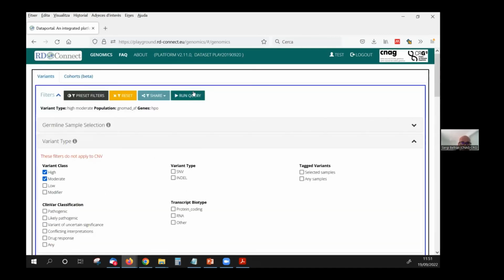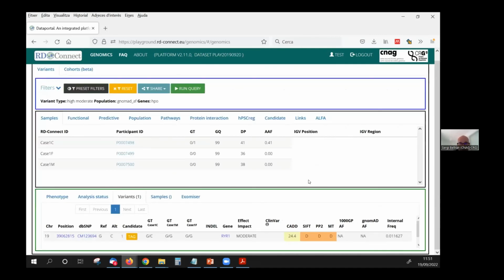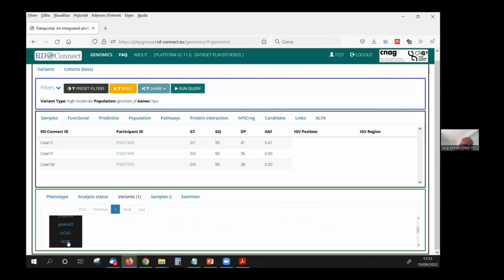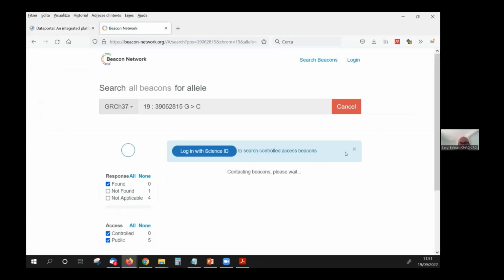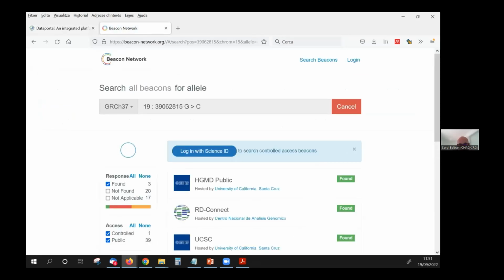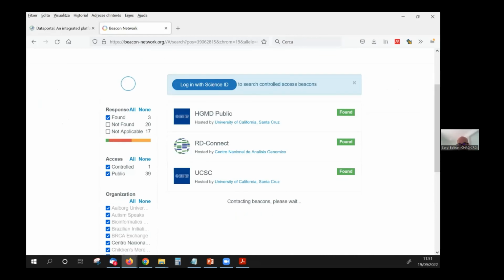So I'm going to run the query again. And now I only get one result, okay? And here, again, I could go and look at the position, and look at Beacon. Looking for different things. So we saw that the variant is in ClinVar.